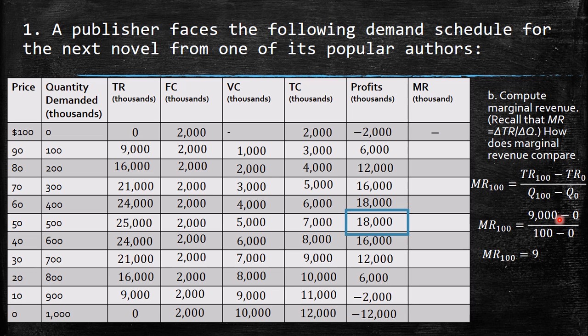You cancel out the zeros here, too. So it's going to be 90. Then you proceed exactly the same. The next one is going to be 16 minus 9 over 100, so it's going to be 70.